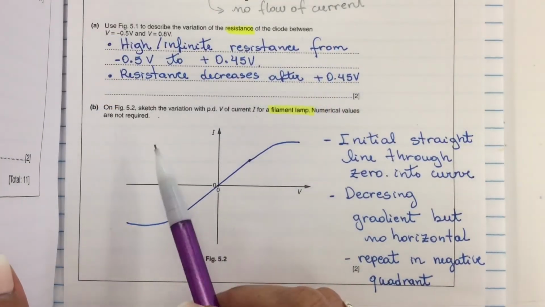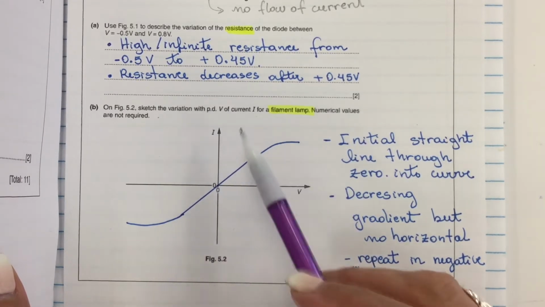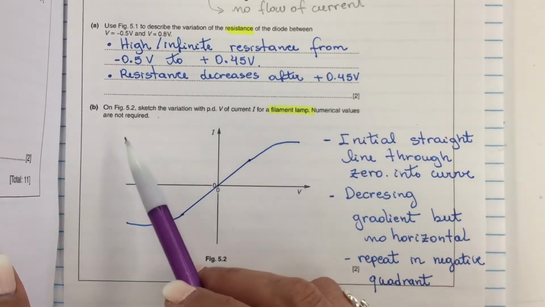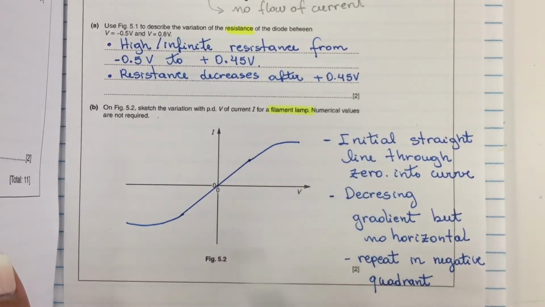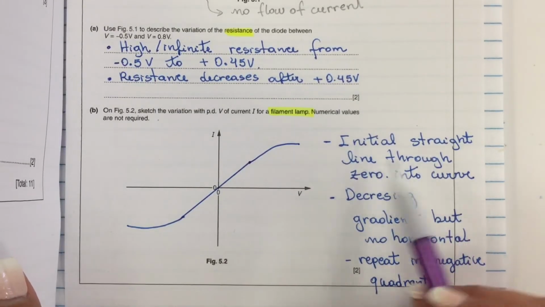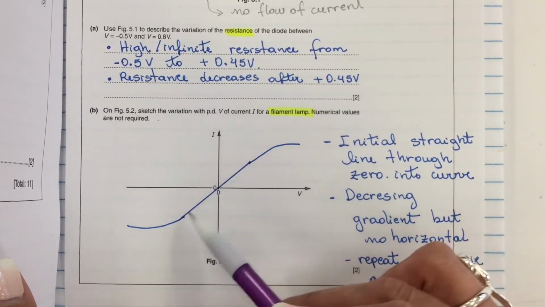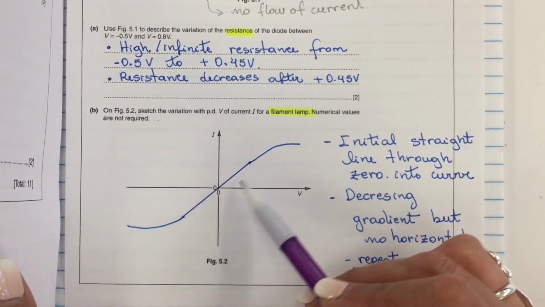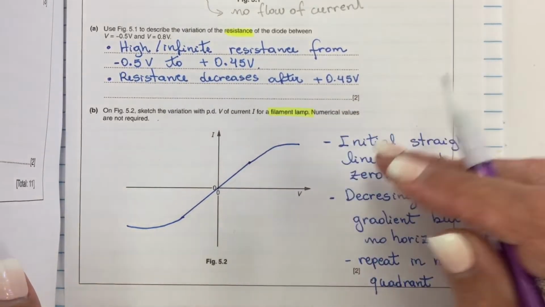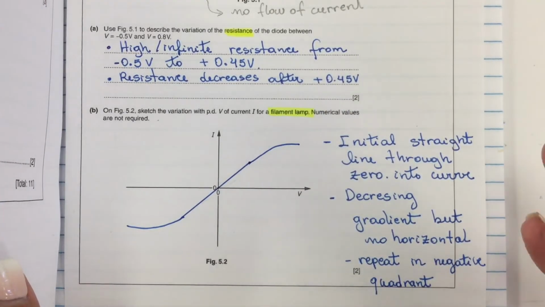Then the next question is asking to sketch the variation with PD or voltage of current I for a filament lamp. Numerical values are not required. So how can you get your points from this? First, an initial straight line through 0, because it's obeying Ohm's law at this point. The current and the voltage are directly proportional.